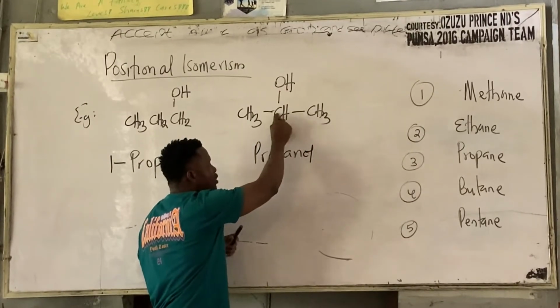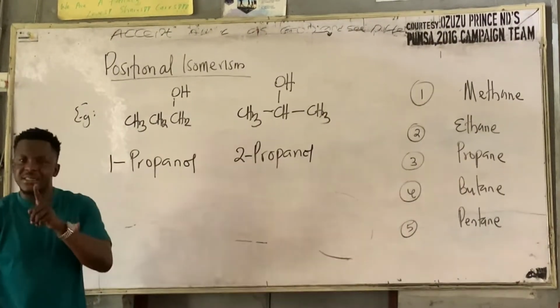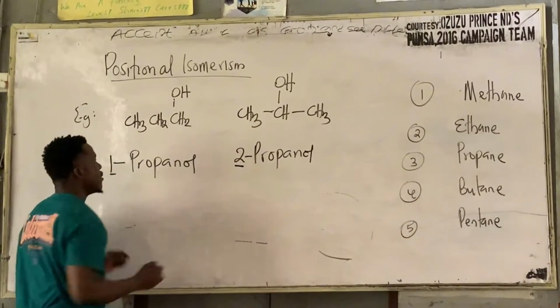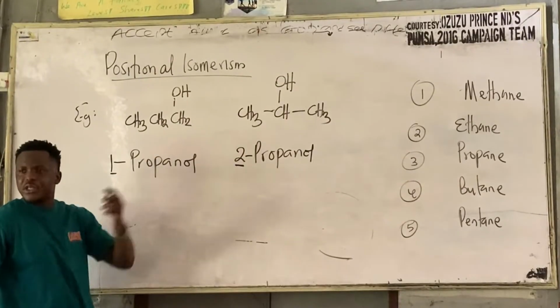If the number is 1, it is not 2. If you notice, the names are the same. The only difference is the position of the functional group. So this type of isomerism, we call it what?